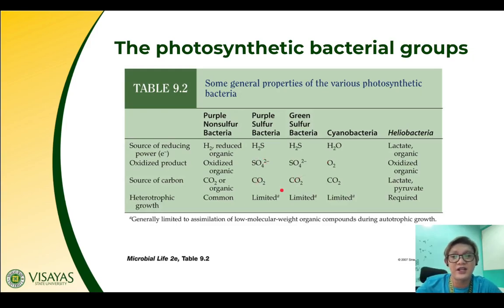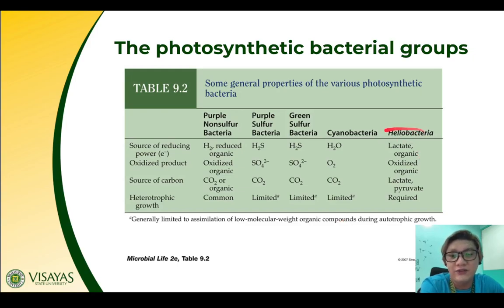The oxidized product is SO4 2-, the source of carbon is carbon dioxide, and they can do limited heterotrophy. For cyanobacteria, the source of electrons is water, the oxidized product is oxygen, the source of carbon is carbon dioxide, and they also have limited heterotrophic growth.